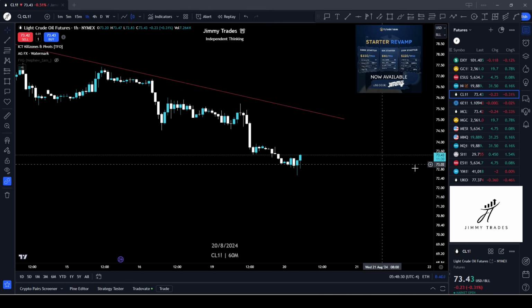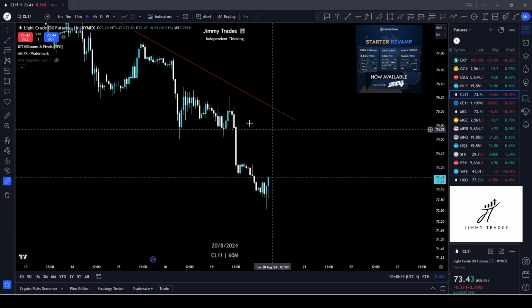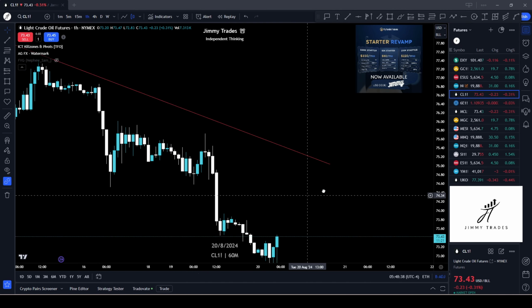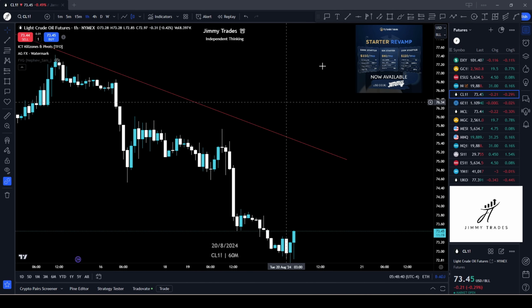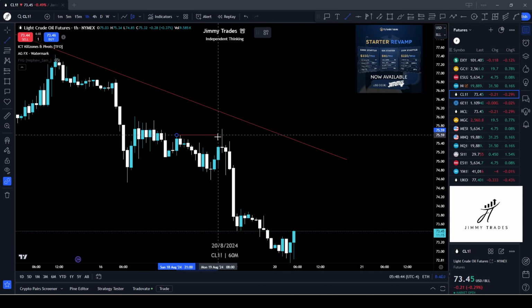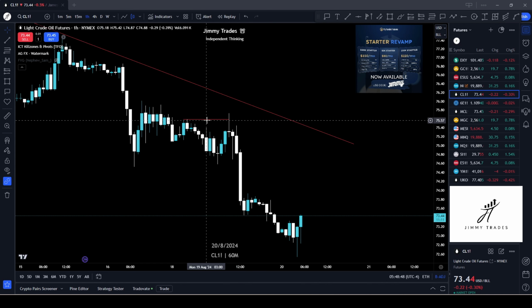So if we jump back out to the hourly, jump down to the hourly rather. This was the area that price was reacting to. This was the area of interest on the high time frame point of interest that I was looking at for price to reach.